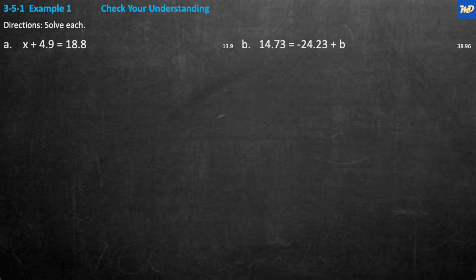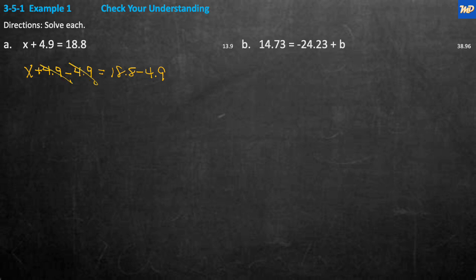Okay, now that you're back, we're going to start off with A, which is x plus 4.9 equals 18.8. I need to get the x by itself on the left-hand side, with a coefficient of 1. It has a coefficient of 1, so I have a plus 4.9. I'm going to add in a negative 4.9, and that's equal to 18.8 minus 4.9.